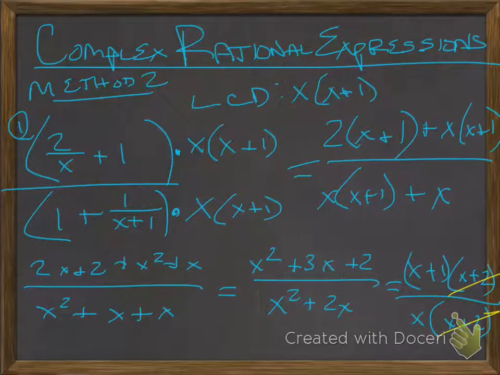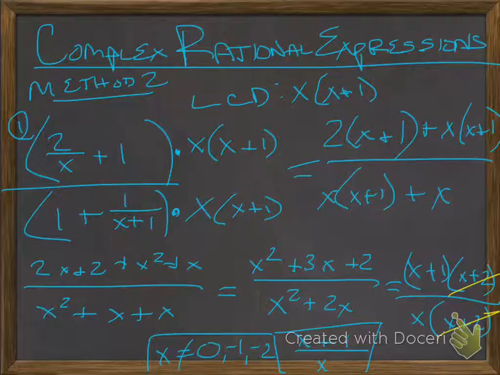So my simplified form is x plus 1 over x. And my restrictions are x cannot equal 0, -1, and -2. And if you notice, that's the same answer I got when I did this in method 1.